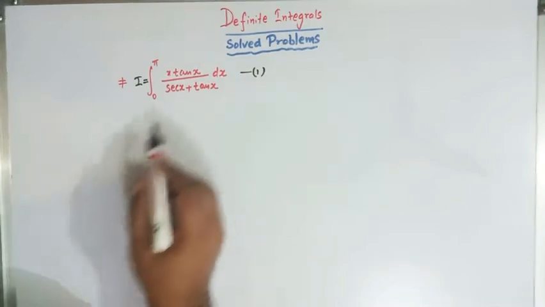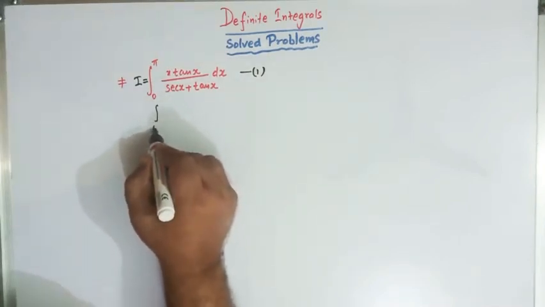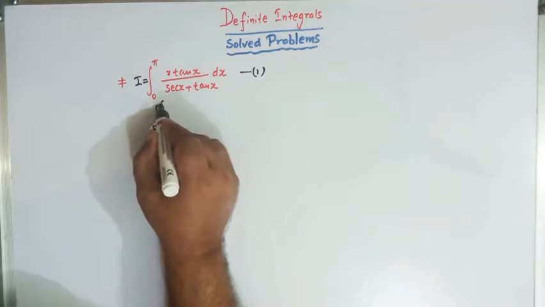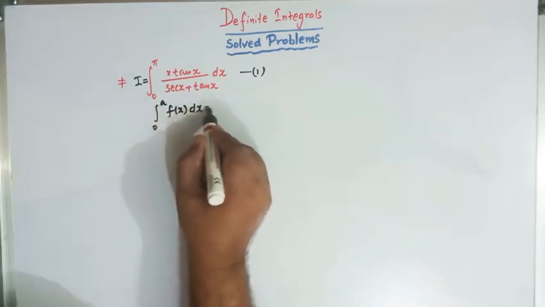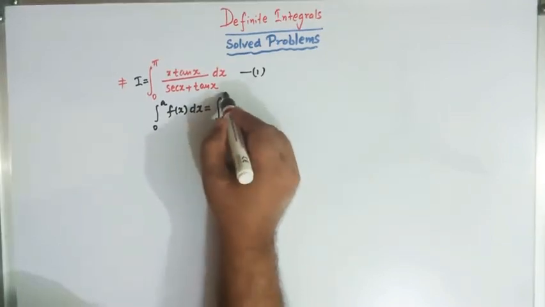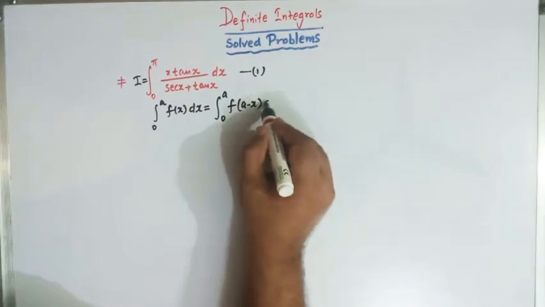Now here we'll apply the property that the integral from 0 to a of f of x dx is equal to the integral from 0 to a of f of a minus x dx.